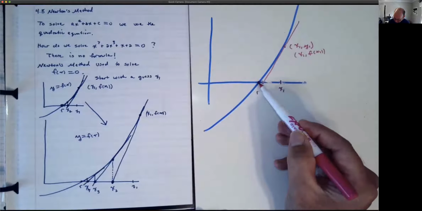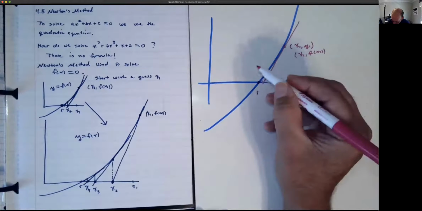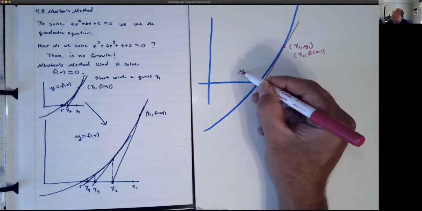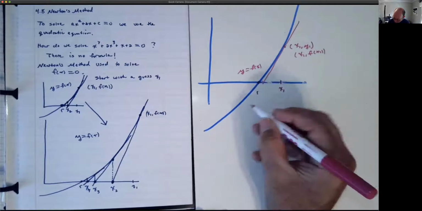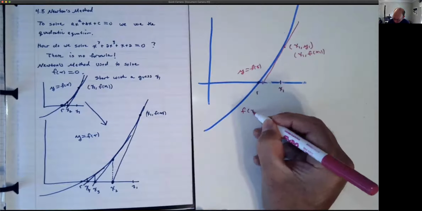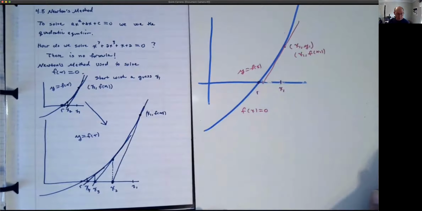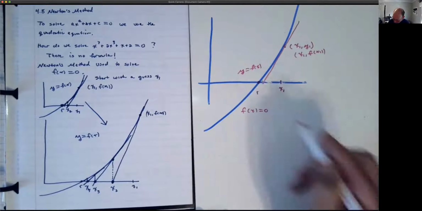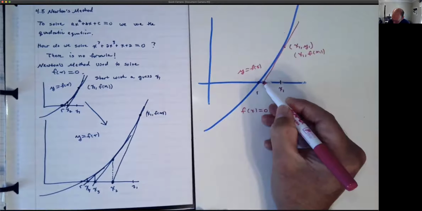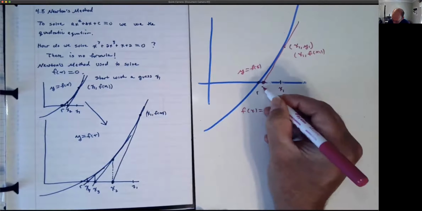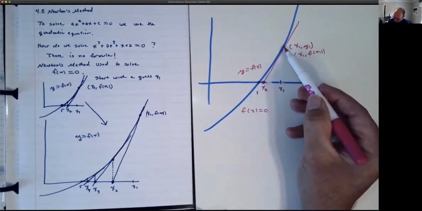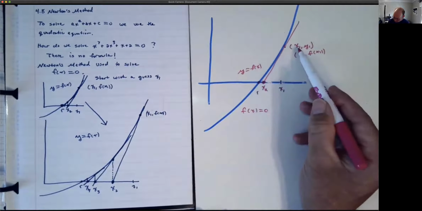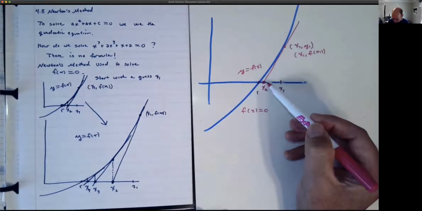Remember, we want to know where the original graph, y equals f of x, crosses the x-axis, because that would solve the equation f of x equals 0. So we follow the tangent line, and we can calculate this number. That's going to be called x2. We're just simply finding the x-intercept of the linearization. So we'll solve that in a moment.